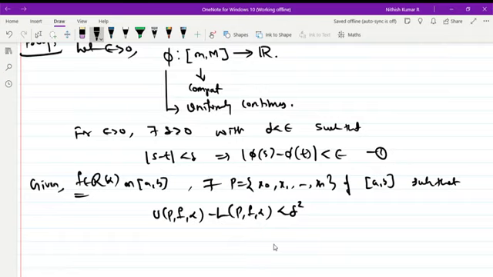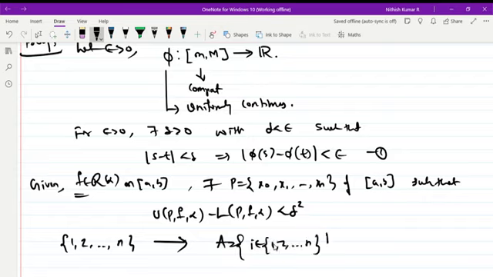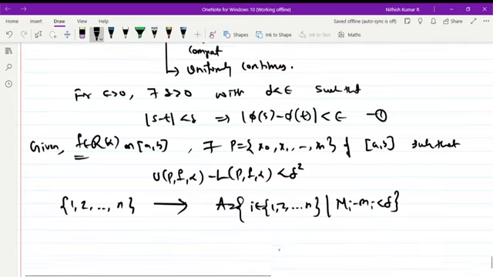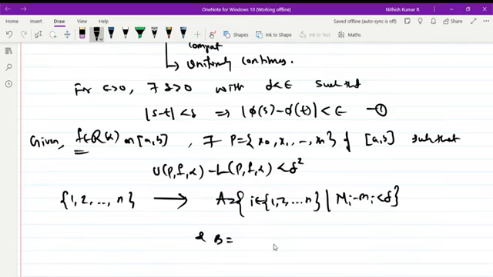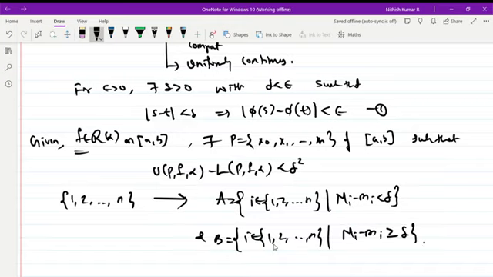Now divide the set 1, 2, 3, so on up to n into two sets. Say A is the set of all i belonging to 1, 2, 3, so on up to n such that capital Mi minus small mi is less than delta, and set B is the set of all i such that capital Mi minus small mi is greater than or equal to delta.